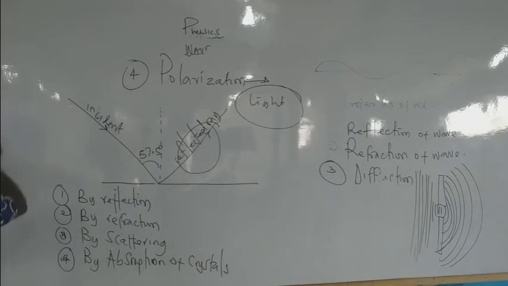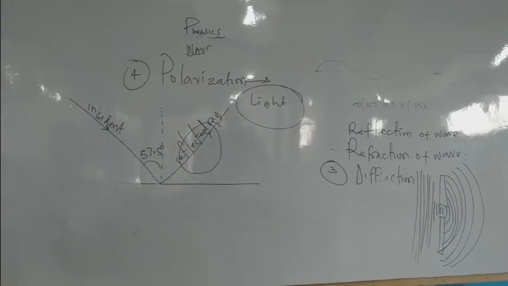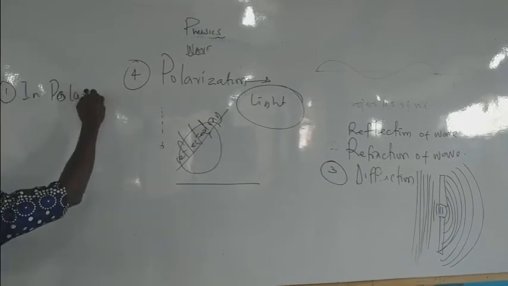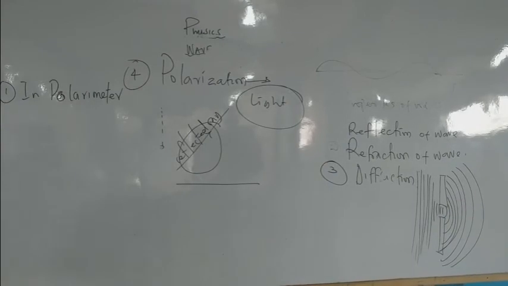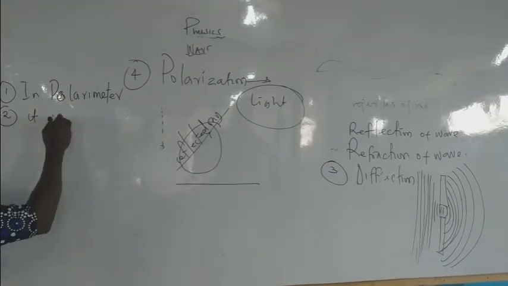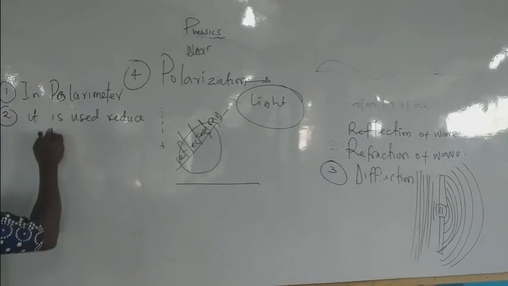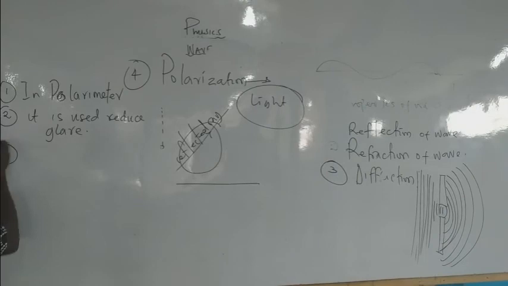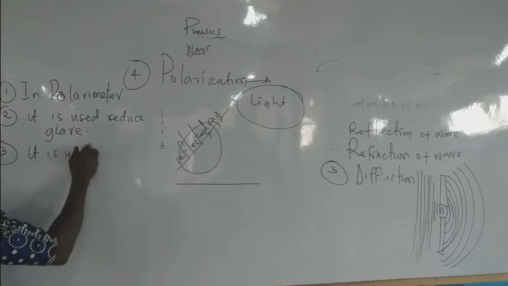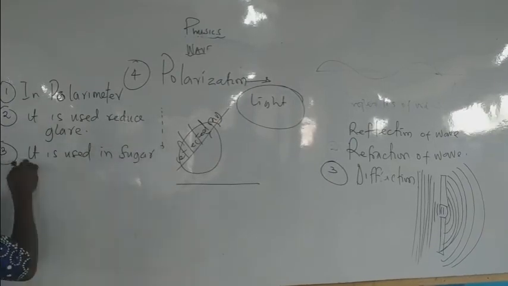The next one is application of polarization. Where do we apply polarization? Number one, it is used in polarimeter. Number two, it is used to reduce glares. Number three, it is used in sugar concentration.